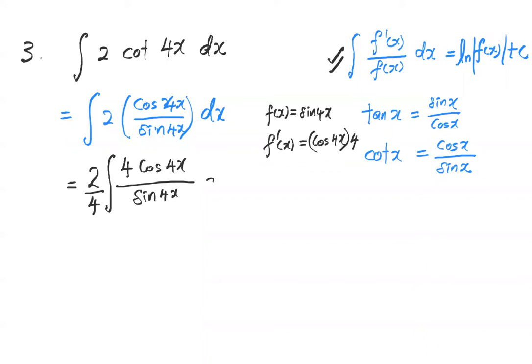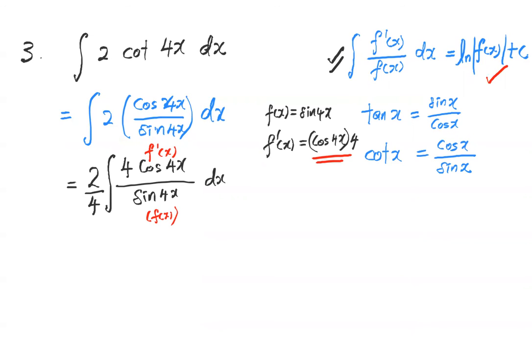Okay, look, why did I choose 4? Because down here, this is my f(x), and up here is my f prime x. Am I right? My f prime x is this. So if I have this situation, then the result is this.